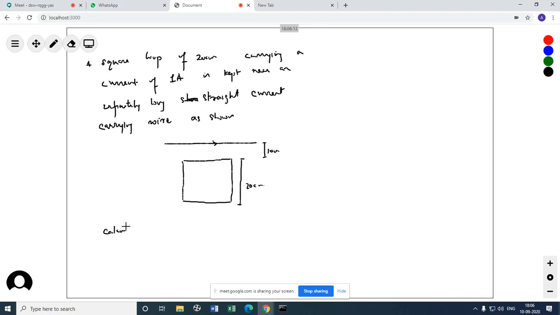Calculate the magnitude and direction of the net force exerted on the loop. Okay?